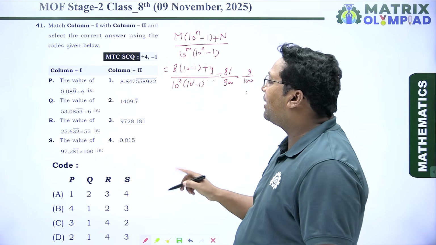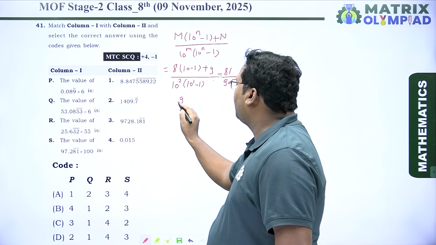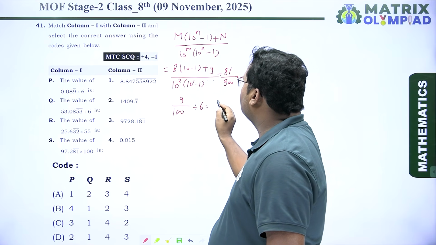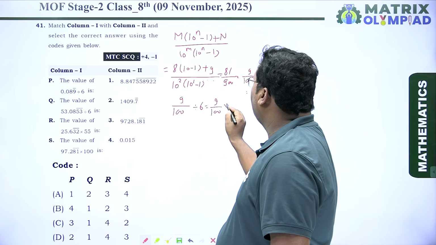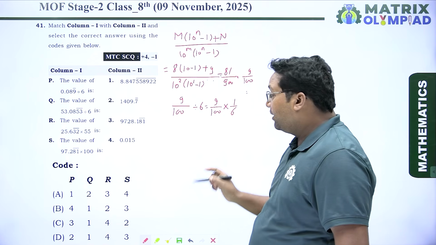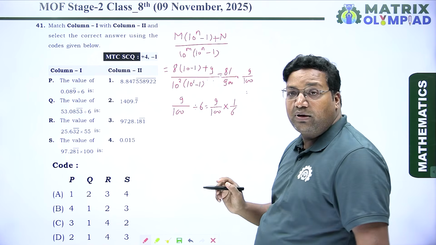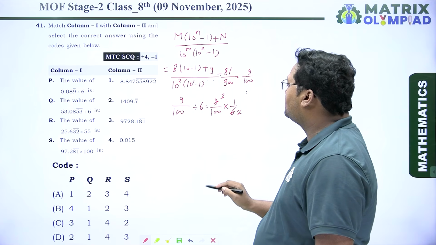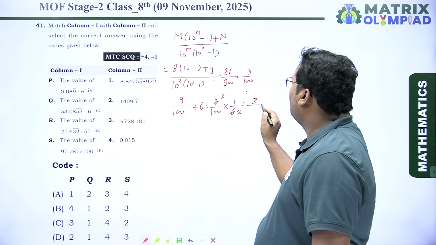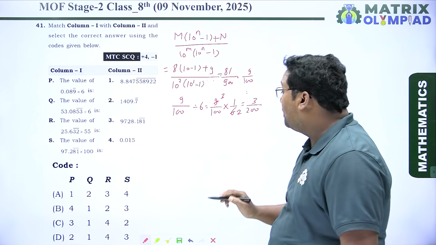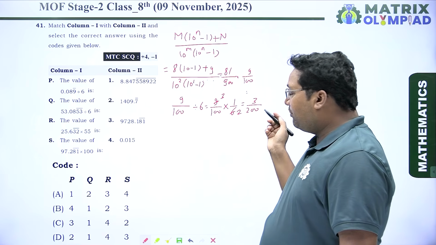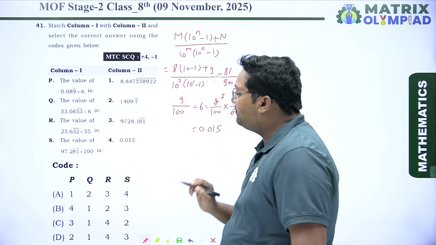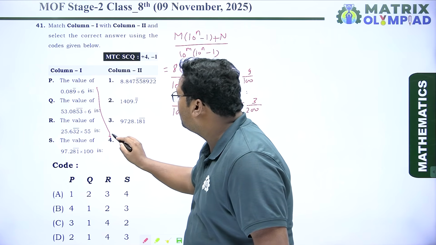Now we have to divide this number by 6, so 9 upon 100 divided by 6 is equal to 9 upon 100 into 1 upon 6. Here you can see 9 and 6 are divisible by 3, so 3 3s are 9, 3 2s are 6, so it becomes 3 upon 200. We have to divide 3 by 200, which is equal to 0.015. So for P, the fourth one is true.